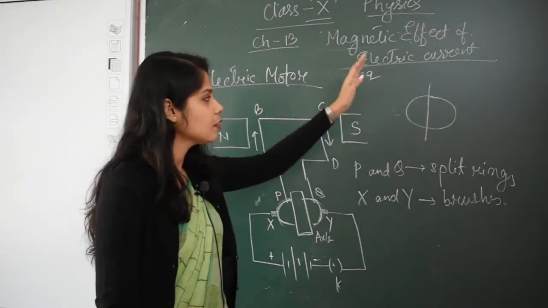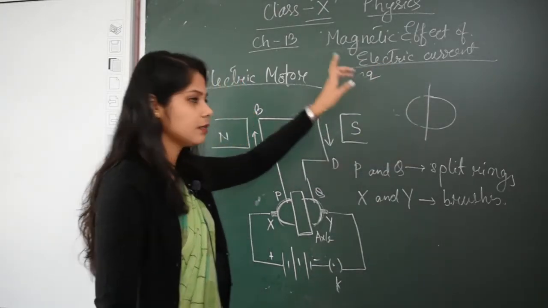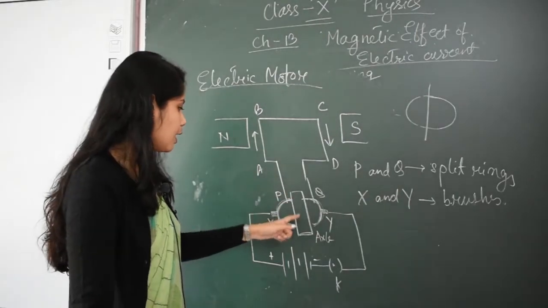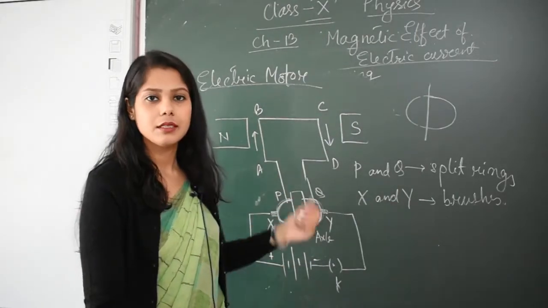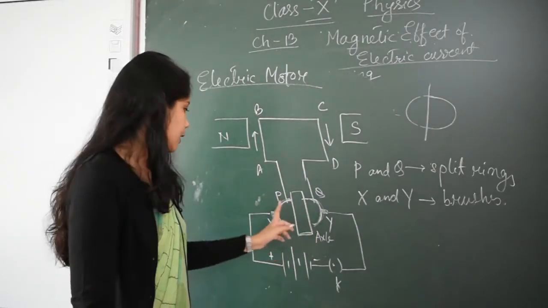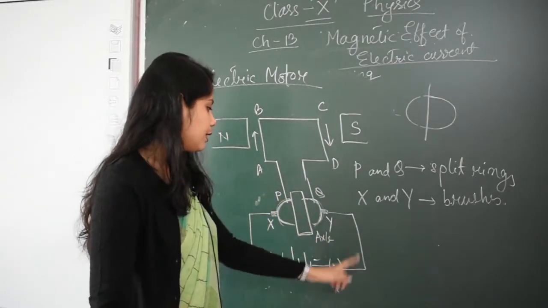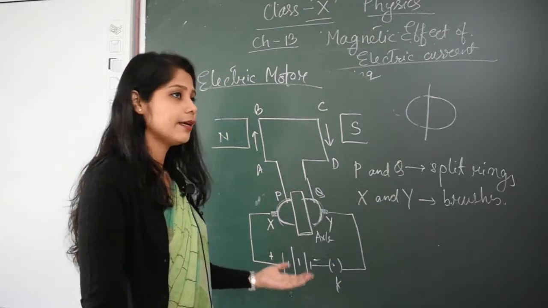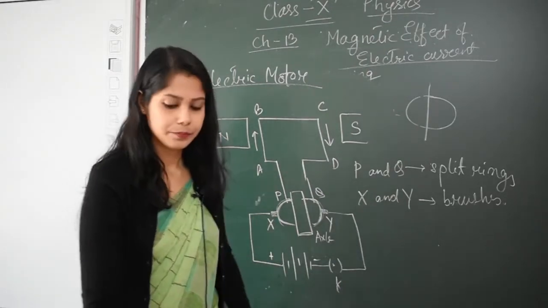In this empty region where the split is made, I have put an axle. Axle means the axis of this ring. The ends of the brushes X and Y are connected to a high voltage battery and the key.